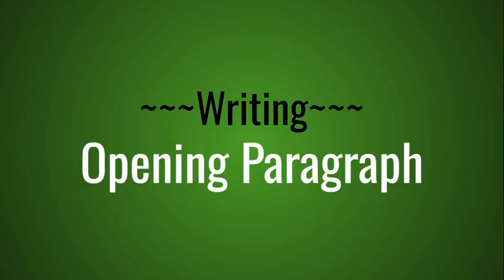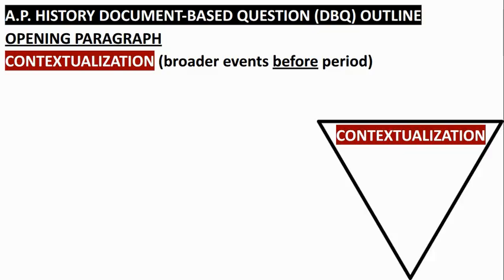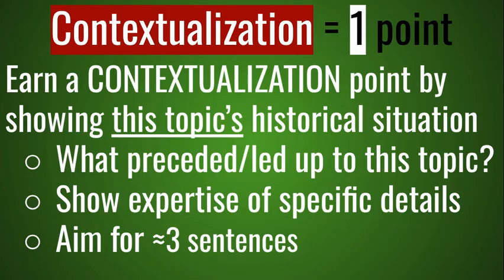All right, all that done, then we're ready to write. And if it's been 15 or 20 or even 25 minutes, now we know where we're going. We have a full set of directions to the end of the essay. Our opening paragraph is going to try to earn 2 points, the contextualization point and the thesis claim line of reasoning point. So we start with those broader events before the period, which we talked about already.